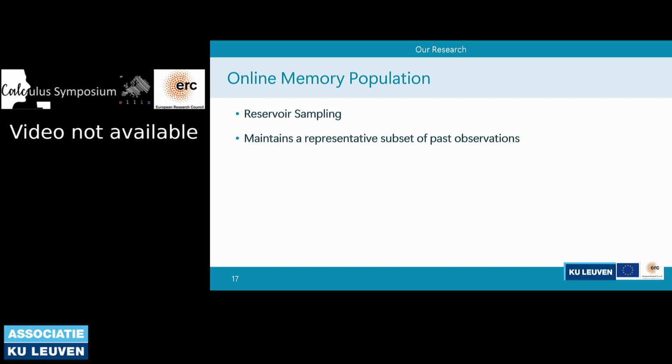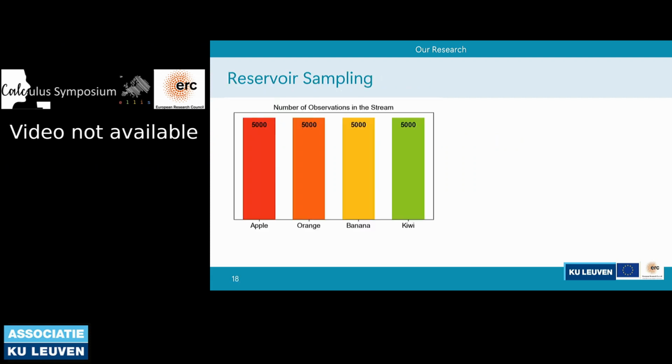So essentially, if we think about all the observations that the model has seen so far at a certain moment in time, in the memory there's going to be an IID subset of those observations. As an illustration, let's say we have a stream of 20,000 observations of the 4 fruits that we saw earlier, with 5,000 observations in each class.